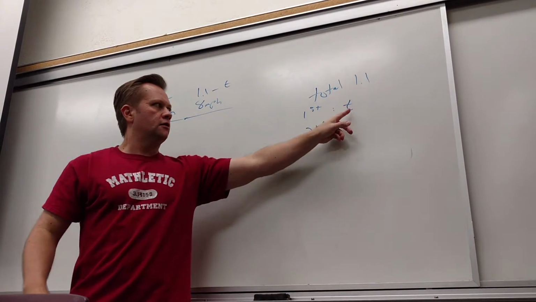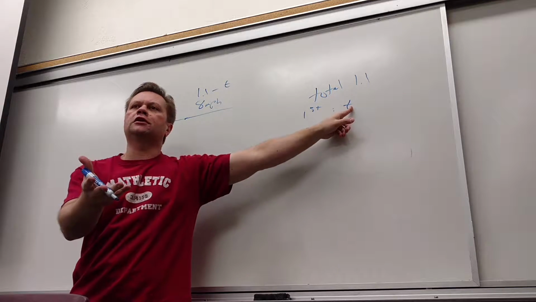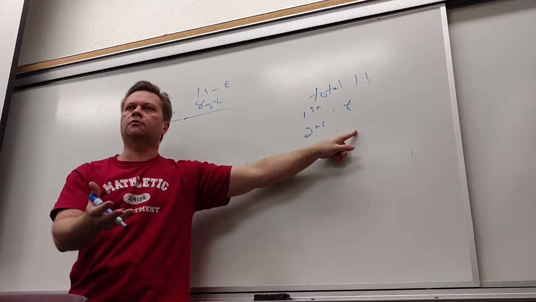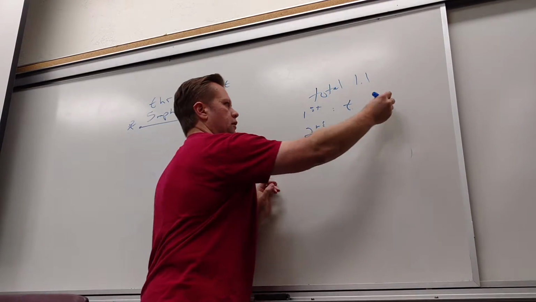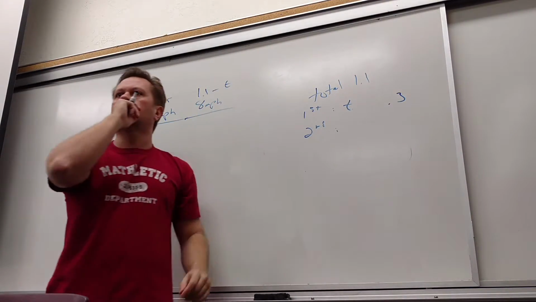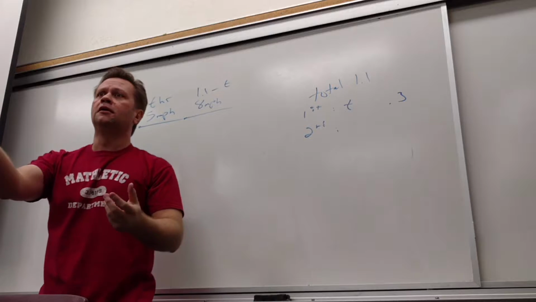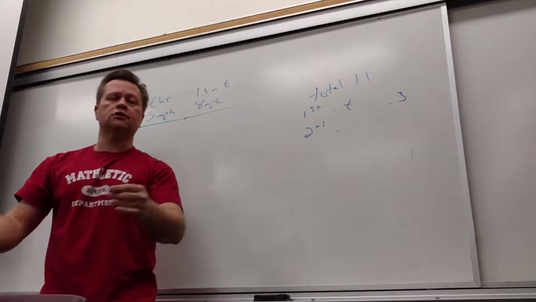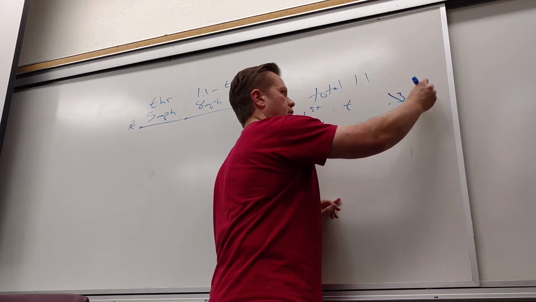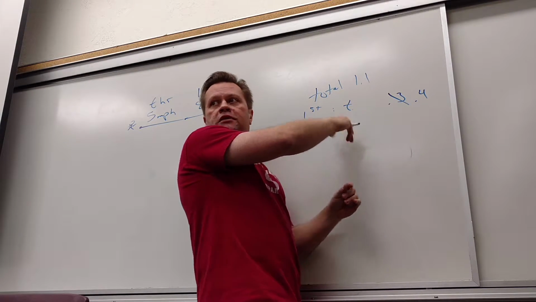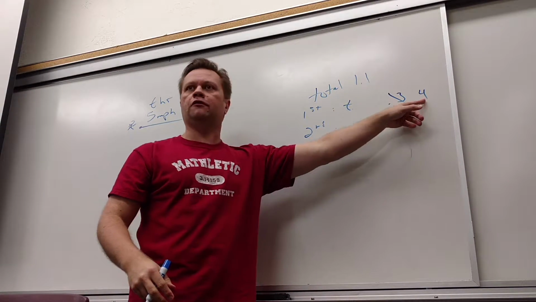Well, if I ran 0.3 hours here, how long would I be running for the second part if I ran a total of 1.1 hours? If this was 0.3, how long would this be? 0.8. Why? Because it's got to add to 1.1, right? So 1.1 minus 0.3 would be how much left? What if it was 0.4? This would be 0.7, because 1.1 minus 0.4 is 0.7.